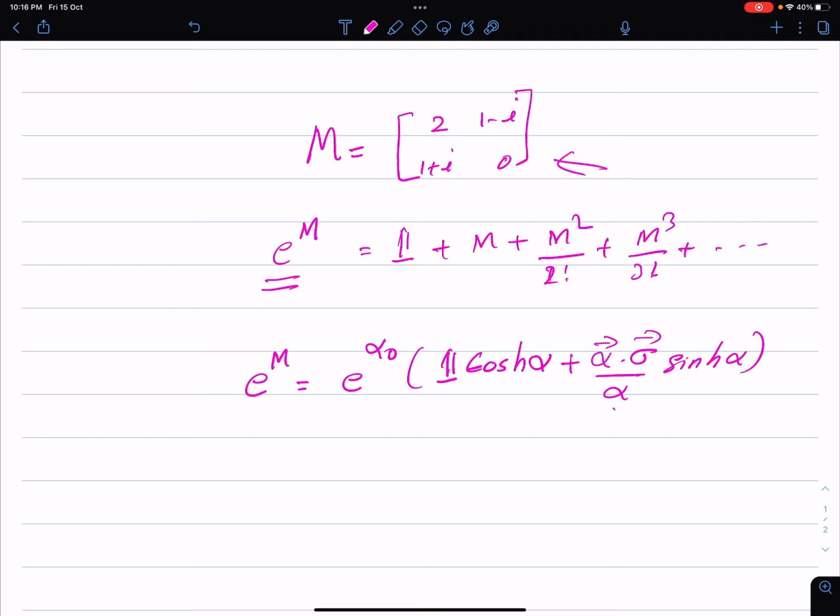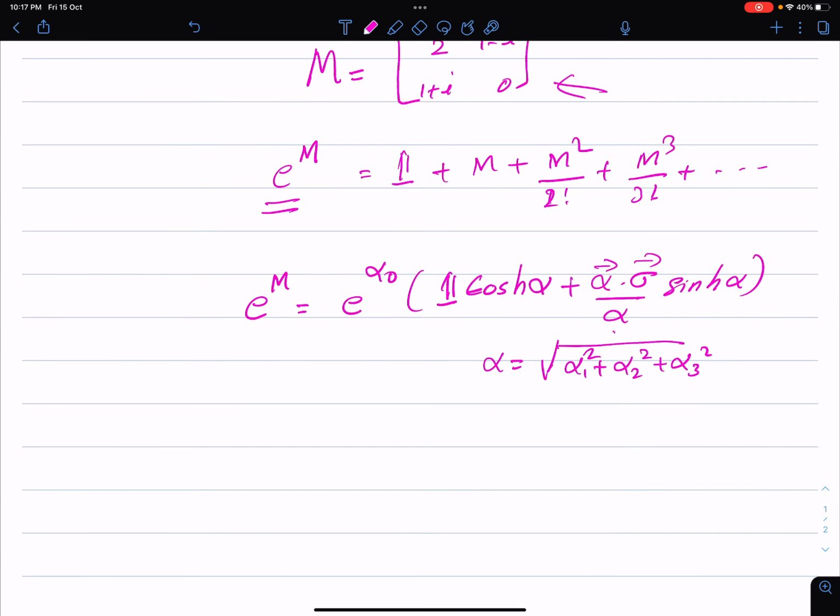This alpha is basically equal to the square root of alpha 1 square plus alpha 2 square plus alpha 3 square. So what are alpha 1, alpha 2, alpha 3?